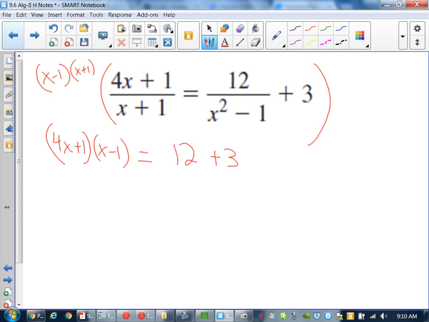But am I going to write it as x plus 1, x minus 1 to distribute out? Or am I going to write it as x squared minus 1? I'm going to do that, just because I know it's going to be easier in the long run. Sometimes if you have those little shortcuts like that, by all means use it, because it just quickens it up. So you have to FOIL out the left. We get 4x squared minus 4x plus x minus 1 is 12 plus 3x squared minus 3.